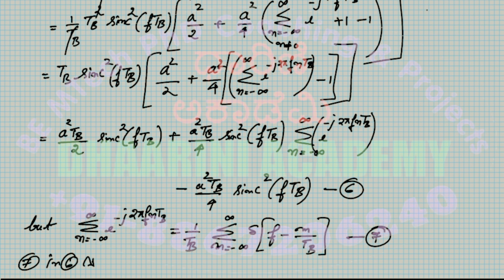Anyway, A square by 4 was a constant, so we could keep it outside the summation. Anyway, the variable of summation is n. So as far as you don't have an n over there, you can keep it outside. All right. Now let us try to expand this, multiply this.